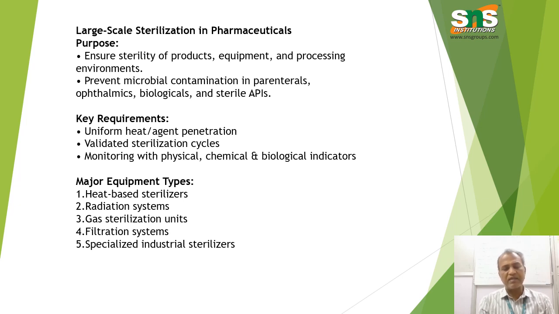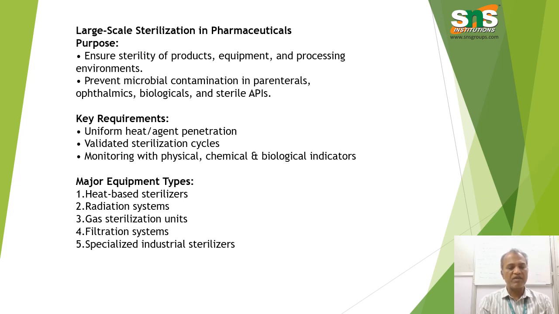Physical indicators are the pressure gauge and temperature valve. Chemical indicators are chemicals like ethylene oxide and formaldehyde gas, and biological indicators are microbes. With the help of those indicators, the system undergoing sterilization has to be evaluated.